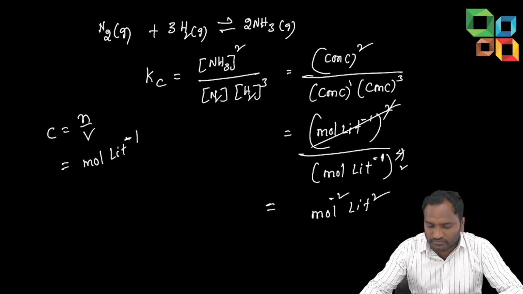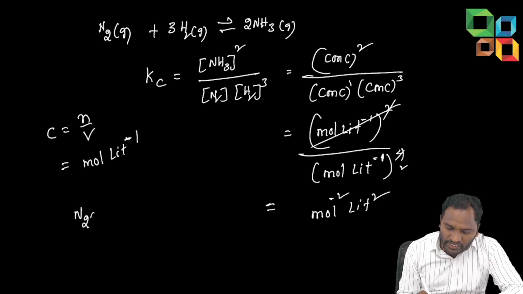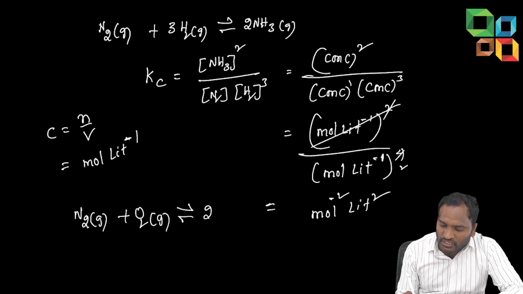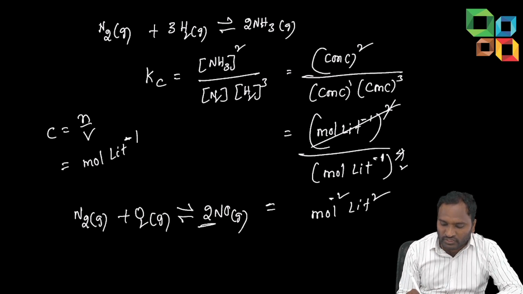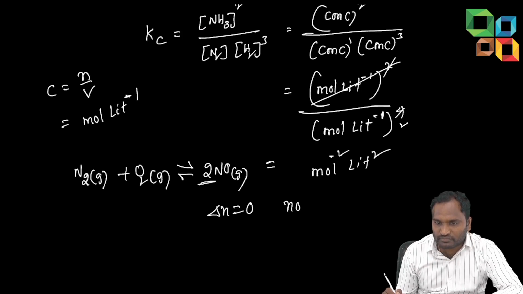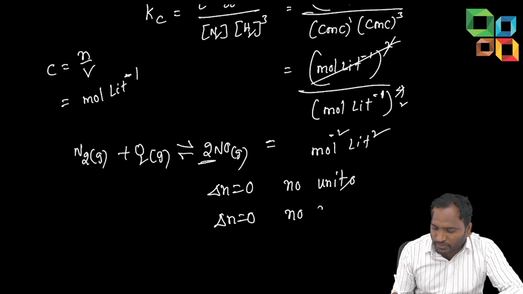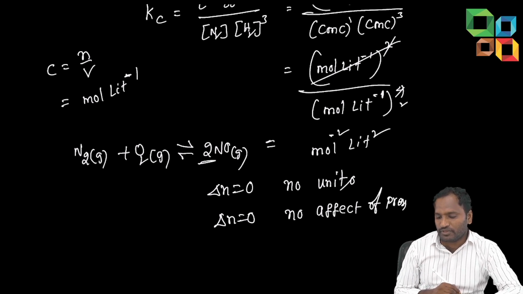See here, N2 gas plus O2 gas is in equilibrium with 2NO gas. Here no units, because 2 moles on each side. If delta n is equal to 0, no units. Remember, students, if delta n is equal to 0, no effect of pressure.